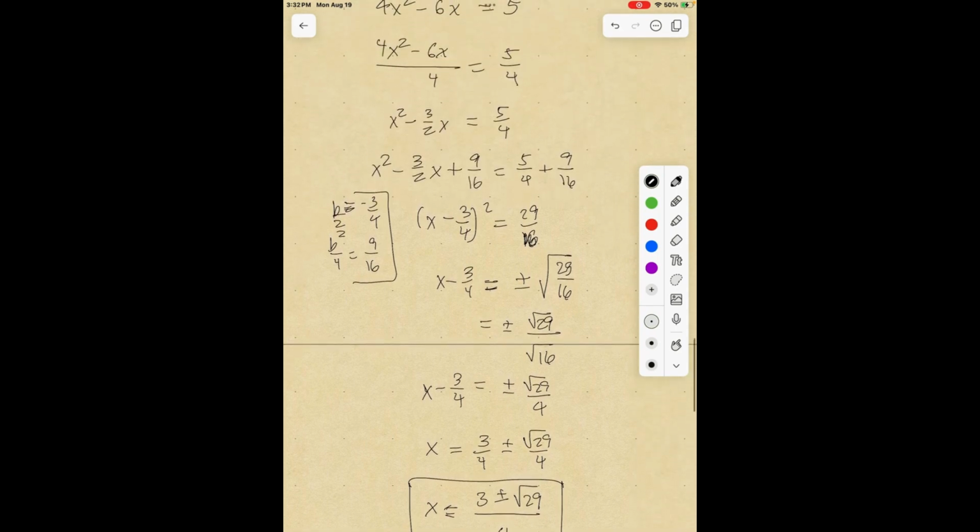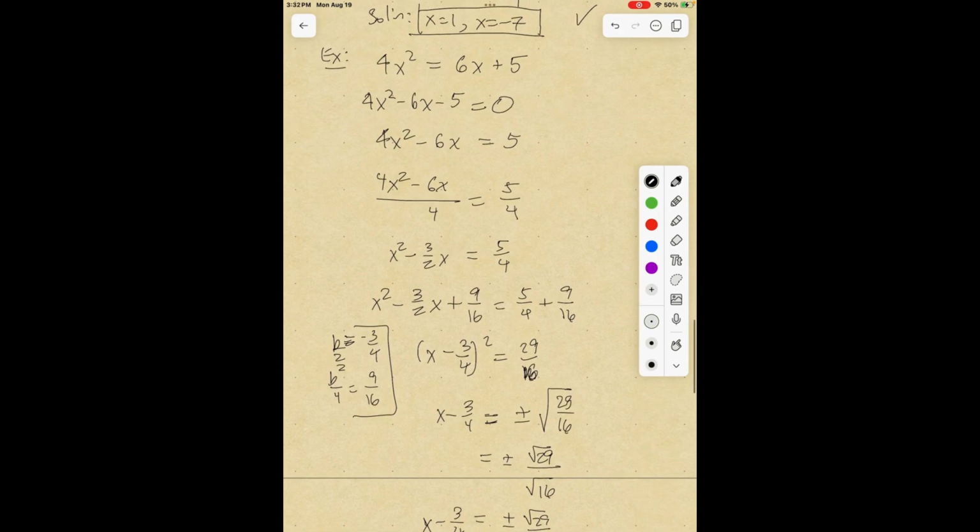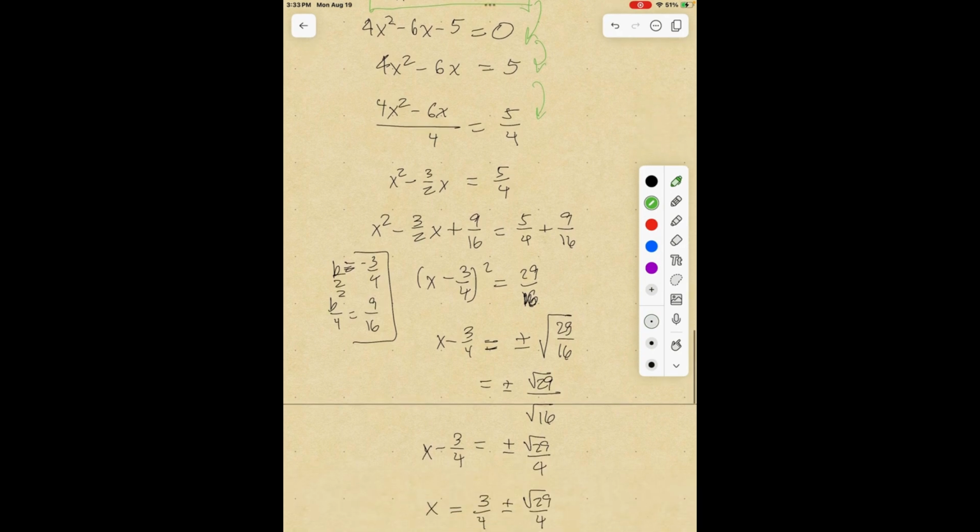Okay, well, there are a lot of steps to this. But if you think about it, to get from here to here, we just made 0 on one side, and then we added 5 to both sides. Why do we add 5 to both sides? So that when you divide by the thing being multiplied by x squared, you have something where you can complete the square.